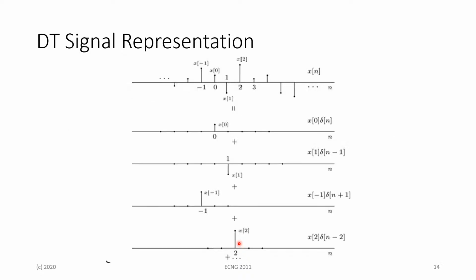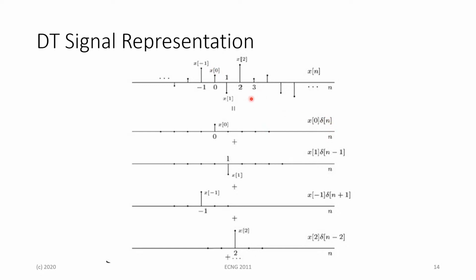So as such, if we had an arbitrary discretized time signal here, where we had samples accordingly, and we needed to obtain a particular value. So let's say we wanted our x of 0's value here. That's just going to be x of 0 multiplied by delta of n.